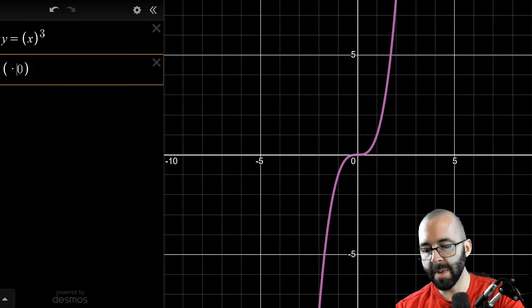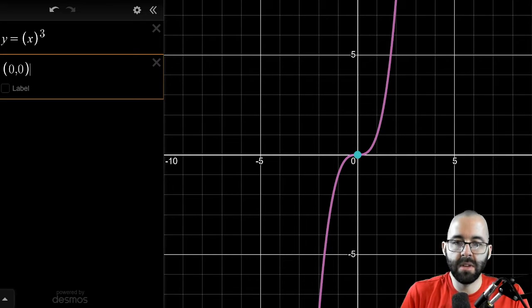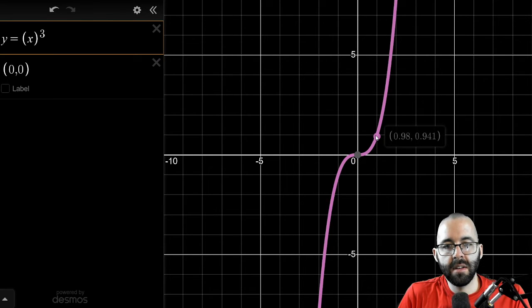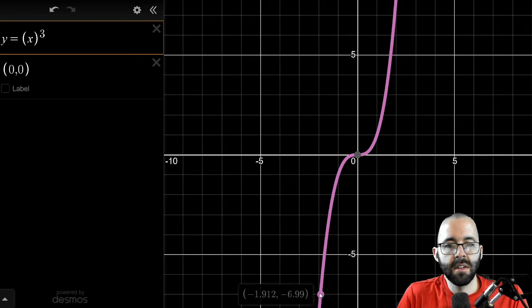When I say symmetric about the origin, what I mean is that if we look at the origin, the point 0, 0, if we flip every point about 0, 0, so this point reflected across goes down to here. This point reflected across goes down to here.